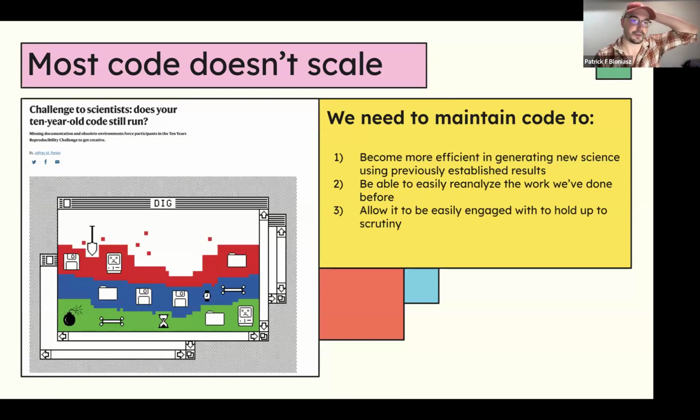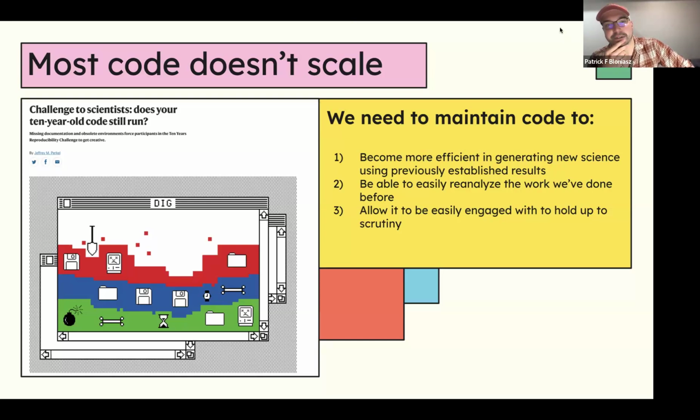This was a famous one from a couple of years ago where there was a challenge that was put out to scientists where they asked, does your 10-year-old code still run? So when we think about the work that we do as scientists, right, we would expect that our results are supposed to stand up to scrutiny, at least on the scale of 10 years, or at least maybe 5 years out.